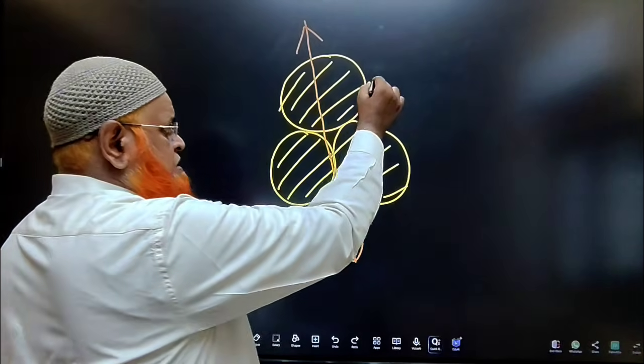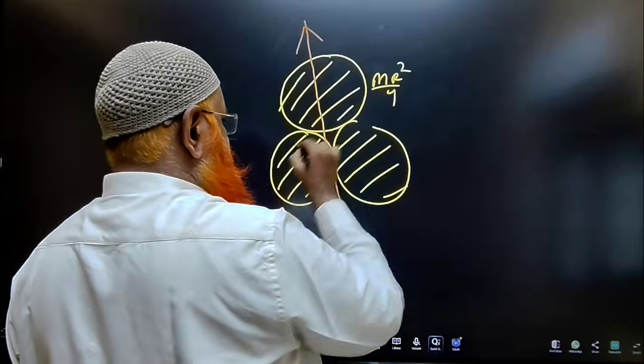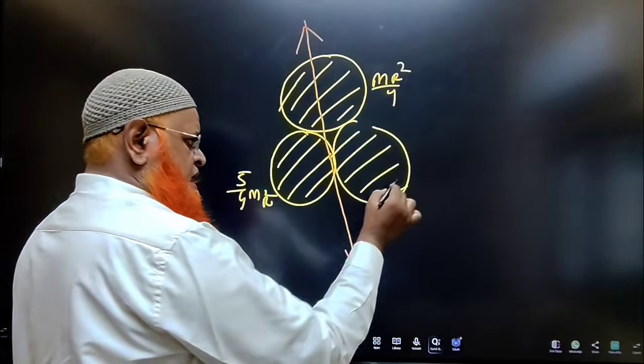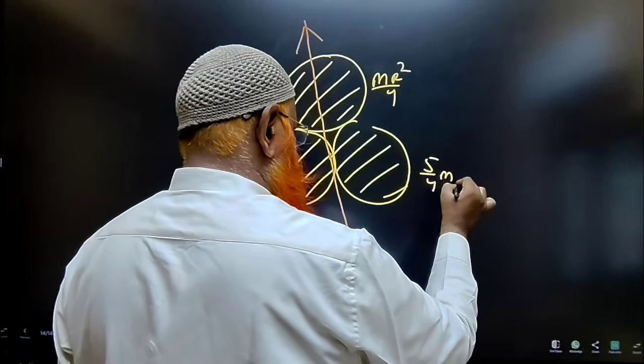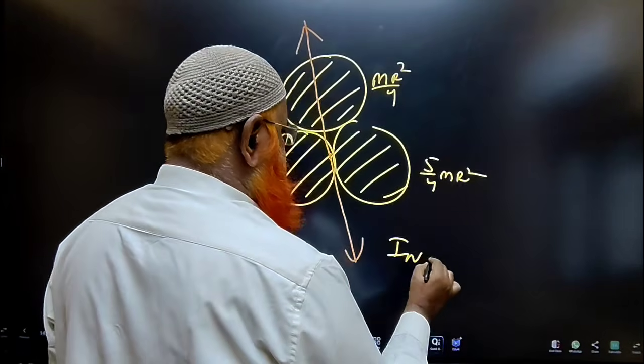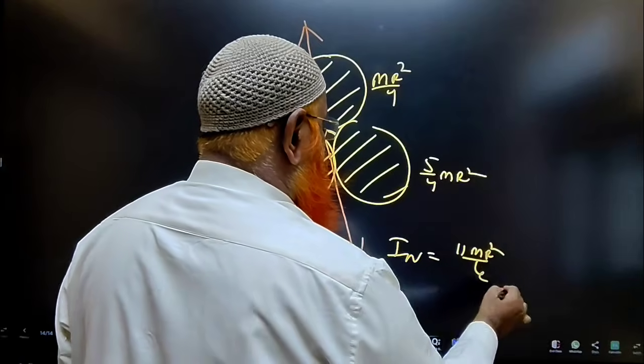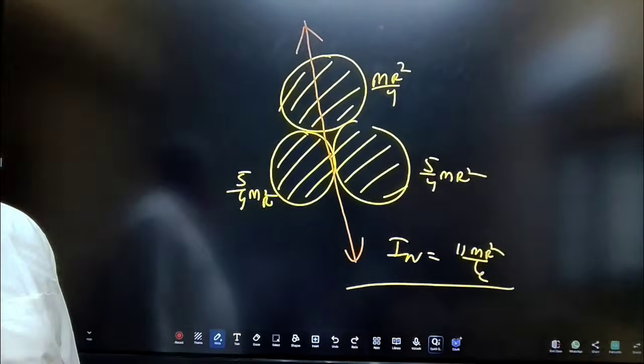Very good. This is Mr square by 4, and this is how much? 5 by 4 Mr square, and this is the same. So what is I net? 11 Mr square by 4 is going to be our answer.